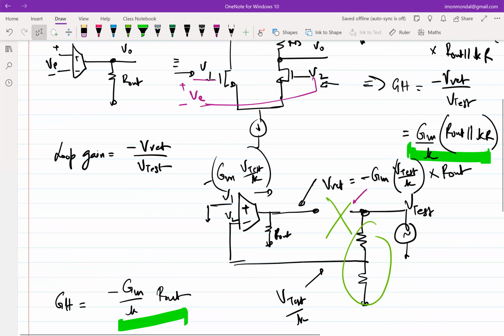So the input of your GM doesn't load the node that it's following. You don't have any current flowing in, so you can reliably break it.